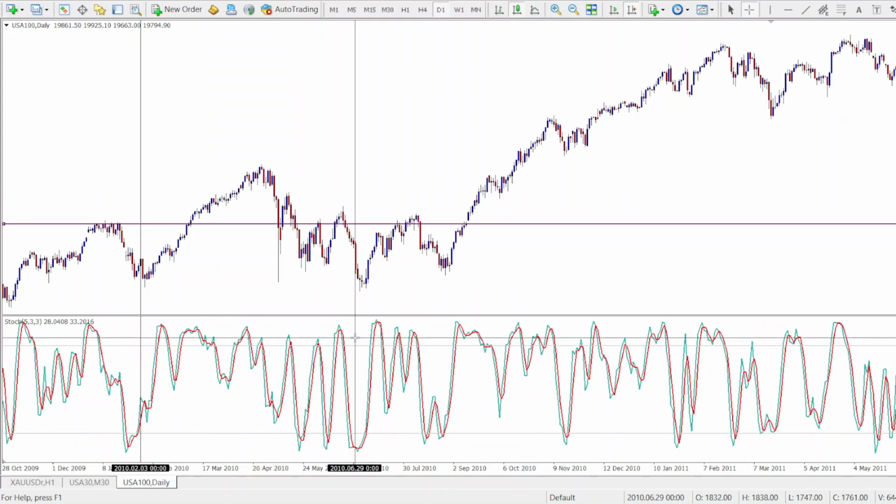Remember that the doji functions with price action, so it doesn't lag like other indicators such as the stochastics and the rest of them. However, you can use these other indicators as extra confirmation.